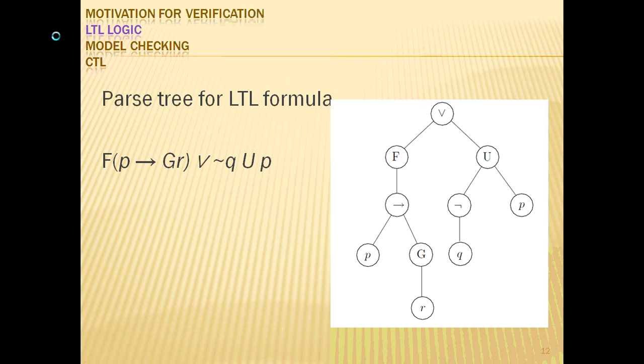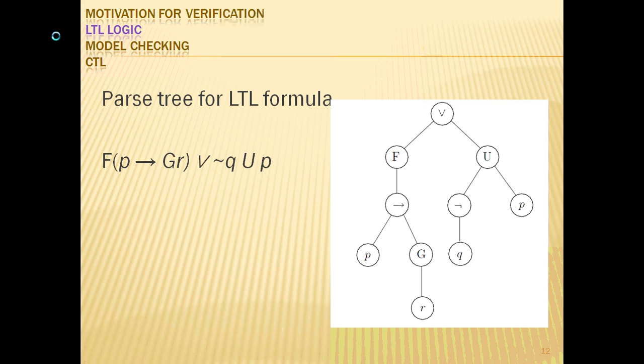Now let's see what is the parse tree of an LTL formula given by, for some future state, P implies G of R or negation of Q until P. The figure shows the parse tree of the given LTL formula. The root node is OR, since it binds at the last.